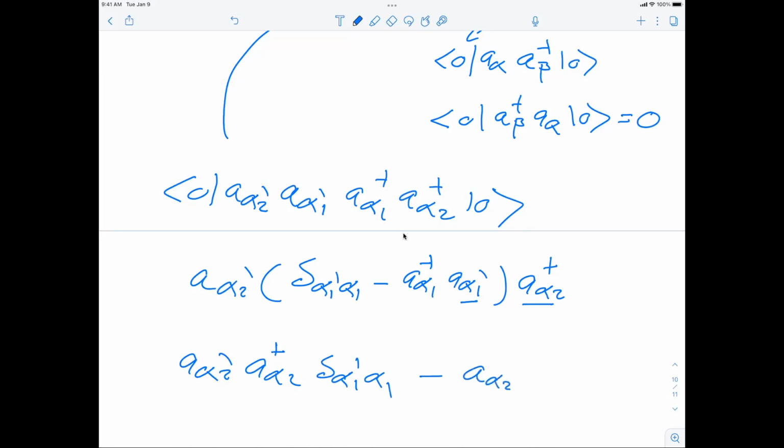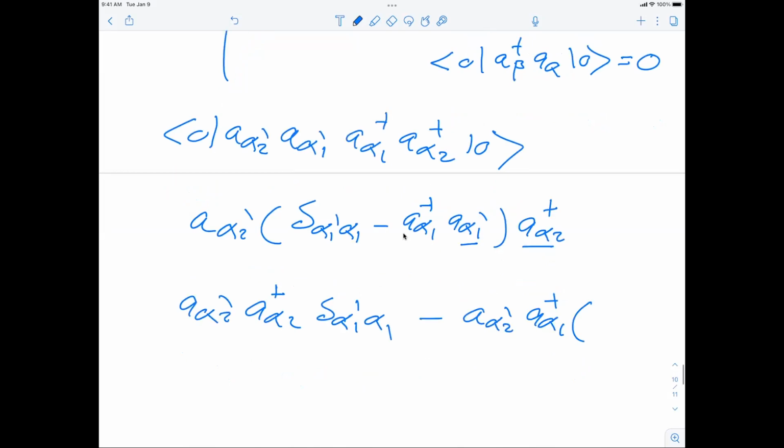I have an A alpha 2 prime, A alpha 1 dagger, but then I'm going to anti-commute this next one here. So I'm going to have a delta alpha 1 prime, alpha 2 here, minus an A alpha 2 prime times an A alpha 1 prime, like this.